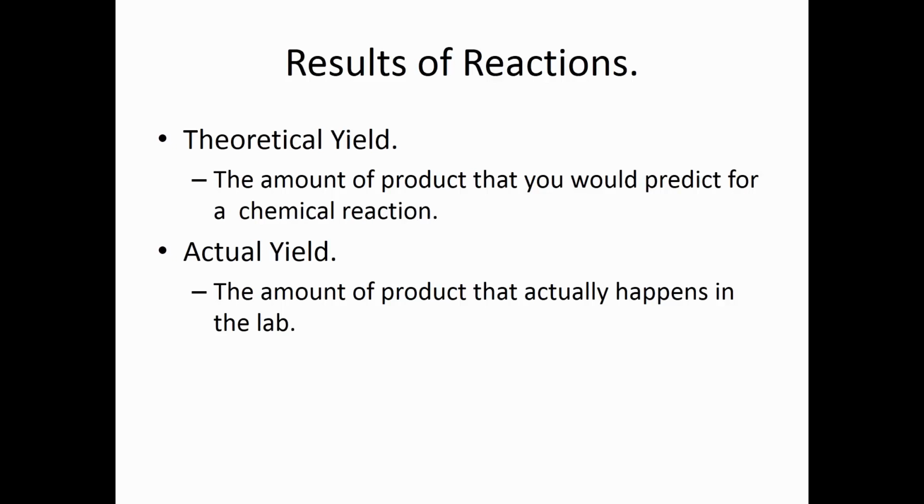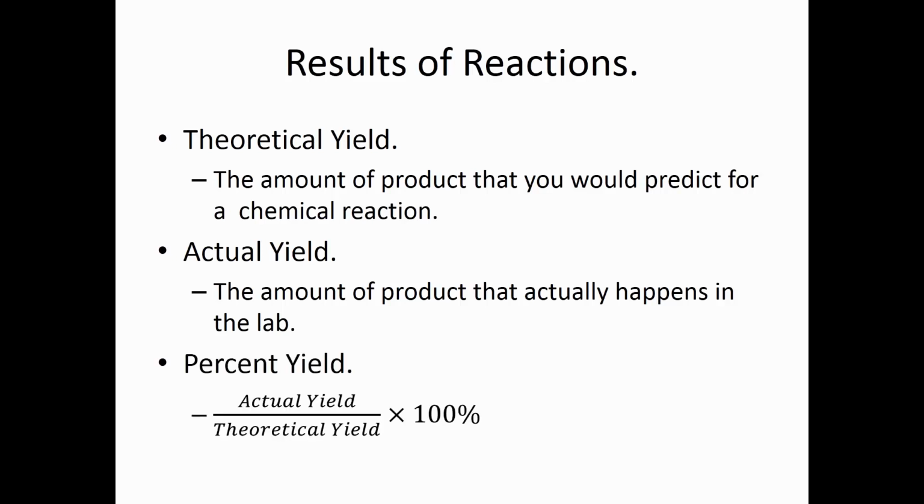In any case, it is probably not realistic to expect the actual yield to perfectly match the theoretical yield every single time. So we want to have a way of comparing them in a useful way. And that way is the % yield.